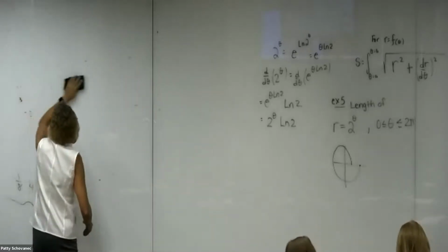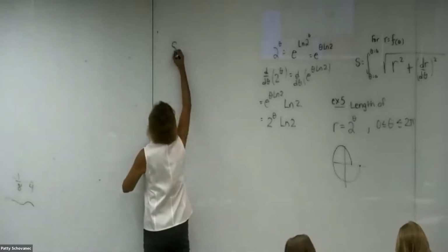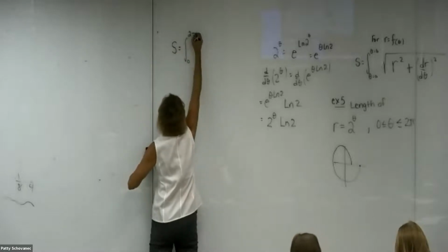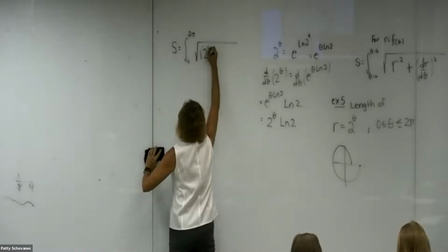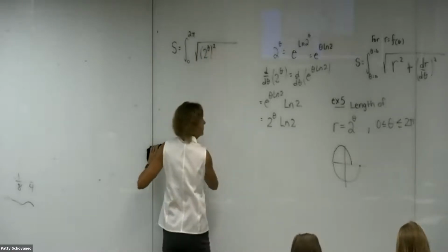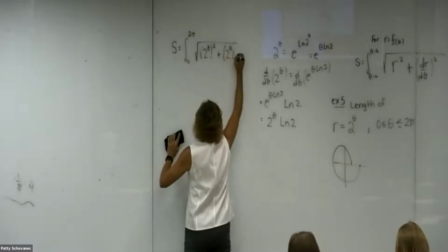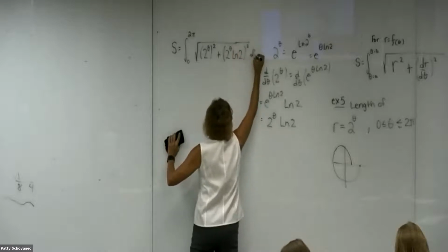That's going to go in that second slot after I square it. But I have to square r itself in the first slot. So in this problem, I'm given the numbers to put here. Then I've got to take my r and square it. Then I take my derivative and square it and integrate that as a function of theta.